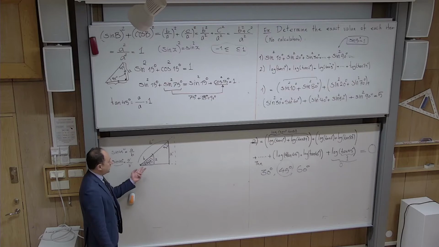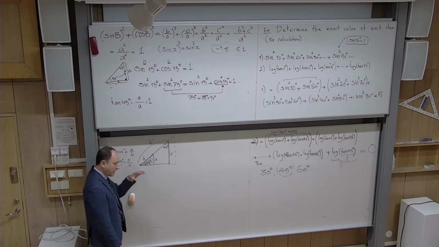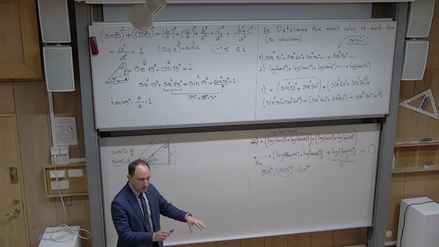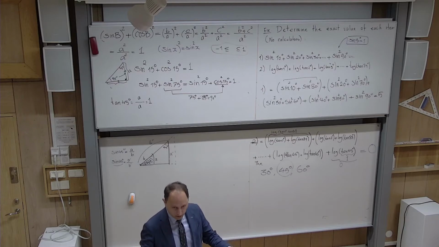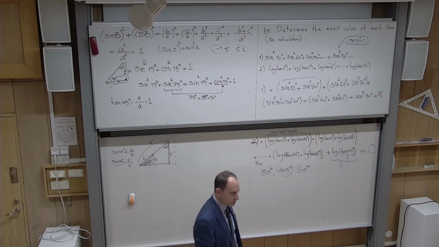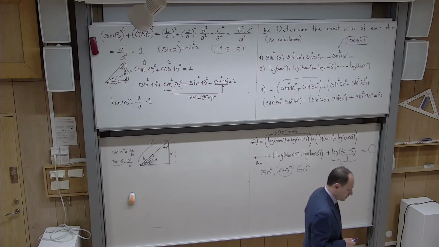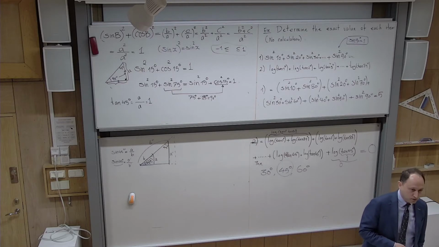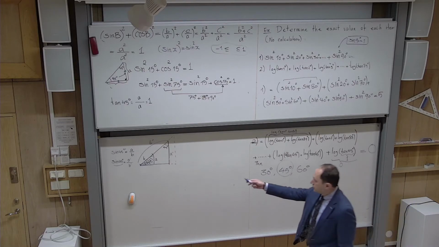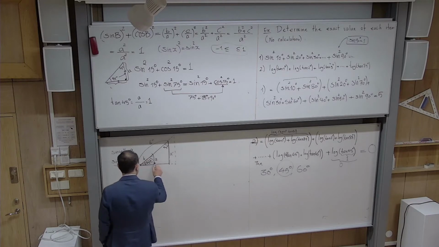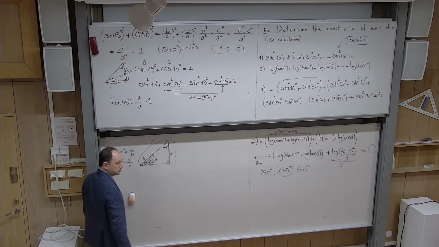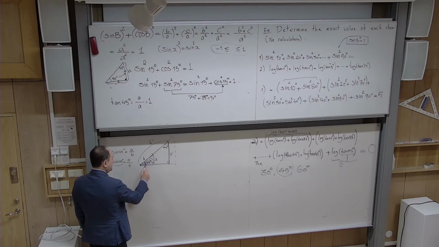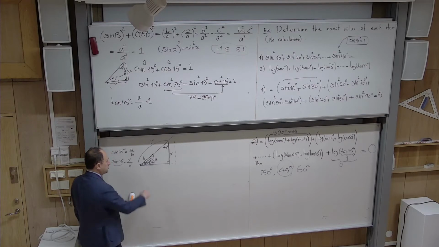If two triangles have this property that two angles of one triangle are equal to two angles of the other triangle, these two triangles are similar. This is one of the theorems in geometry in Math 2C. Okay, and this is the case because I already know that this angle is 90 and I chose this angle to be 45. So this triangle and that triangle are similar triangles.